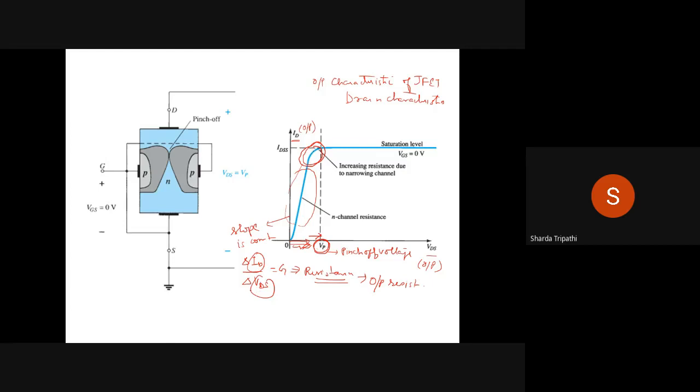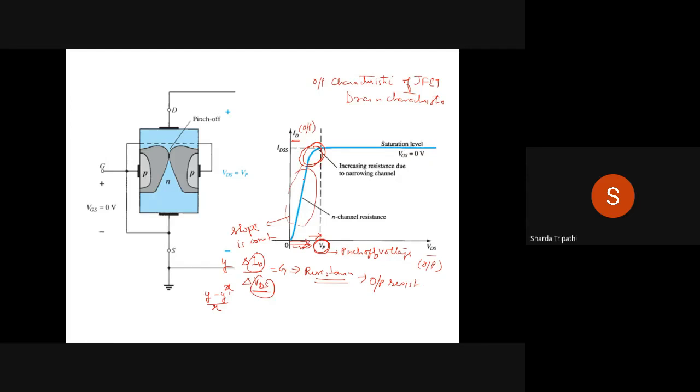So initially, if for some X change in VDS there was Y change in ID, then now in this region, for the same change X, the change in the current will be much less. This will be Y minus some Y dash.